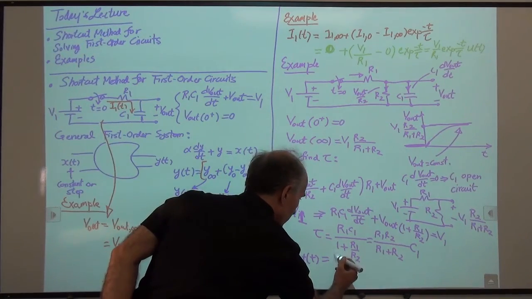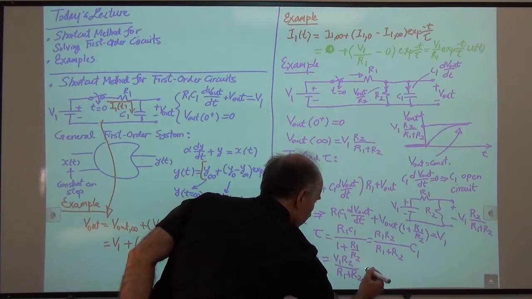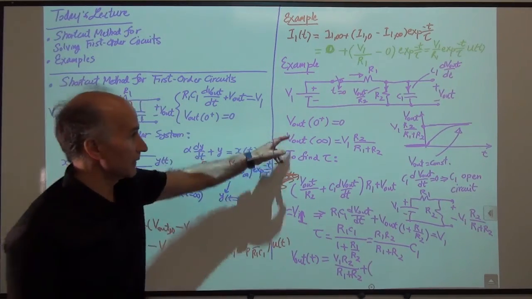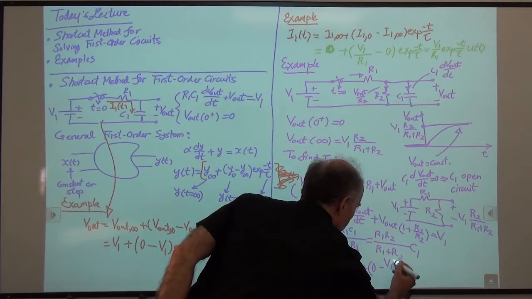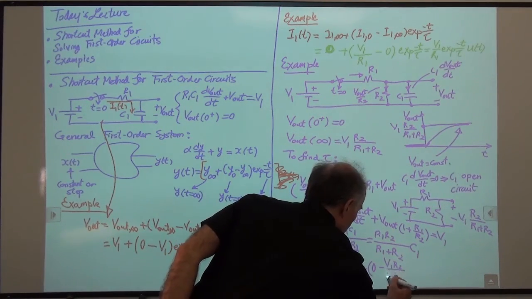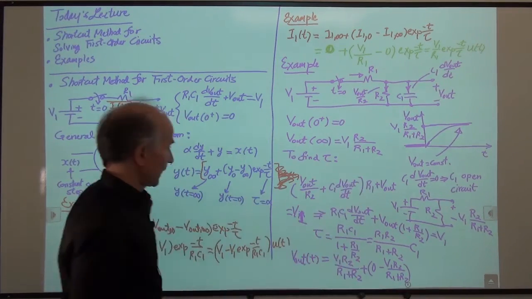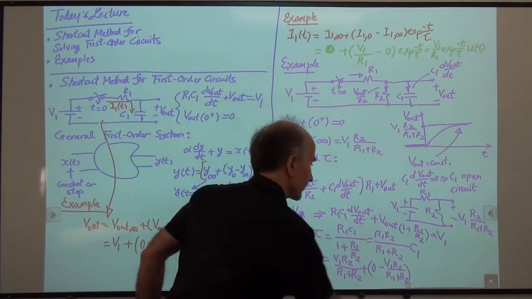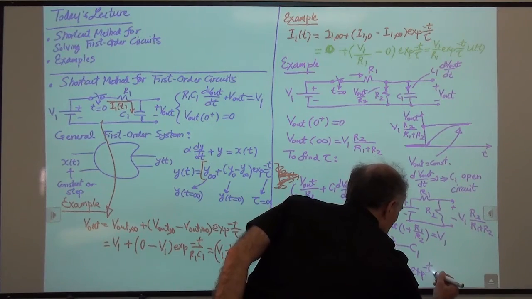So that's V1 R2 over R1 plus R2 plus V0 minus V infinity. V0 is 0. So V0 minus V1 R2 over R1 plus R2. And then e to the minus t over tau. Tau is found to be this value here. So e to the minus t over tau.